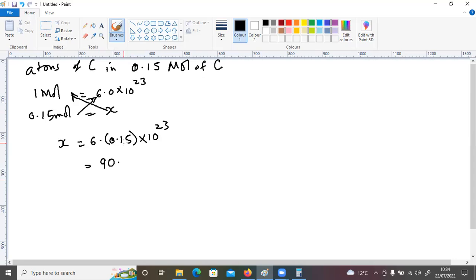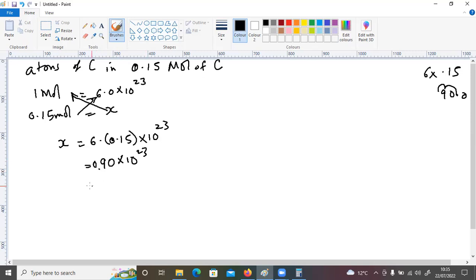Anytime you are multiplying a number with a decimal, if I'm told to multiply 6 multiplied by 0.15, I first of all avoid the decimal. I multiply 6 times 15. I get the answer 90. Then I need to introduce the two decimal places. The decimal is there in 90.0, so you move two decimal places to the left, 1, 2. So I am getting 0.9 times 10 to power 23.